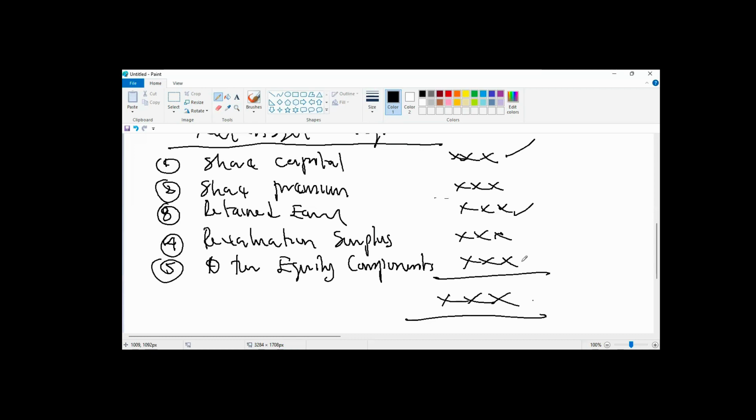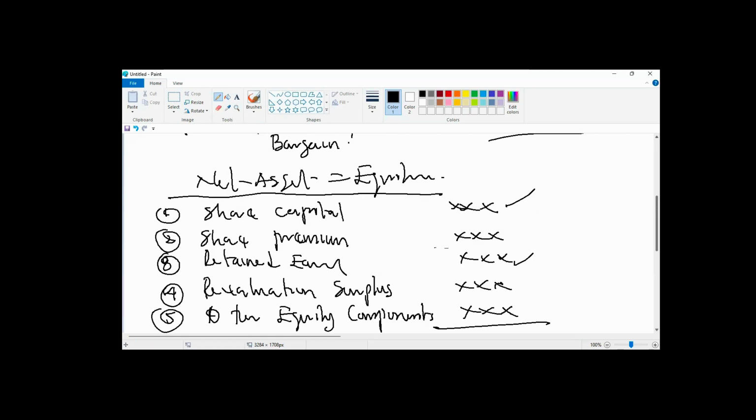Any question? Now, at least we have known the cost of investments. We have also known net assets. To calculate the goodwill, we need the cost of it and NCI.